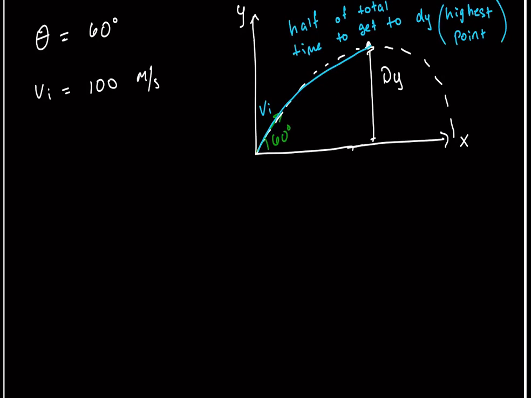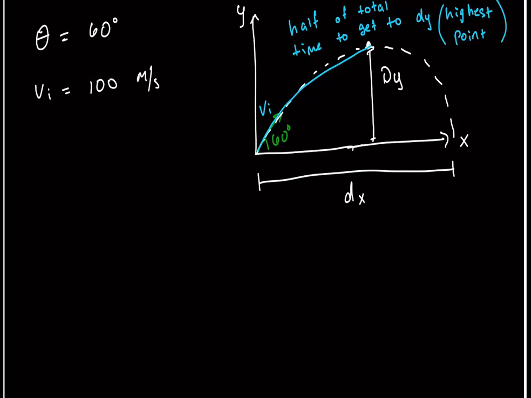And then this thing here is dx. What is that? The total distance it travels in its path, the total horizontal distance, or the range. How far does this thing go? Throw your football. Where does it land? You measure that distance between your feet and the ball once it lands. That's what the dx is.